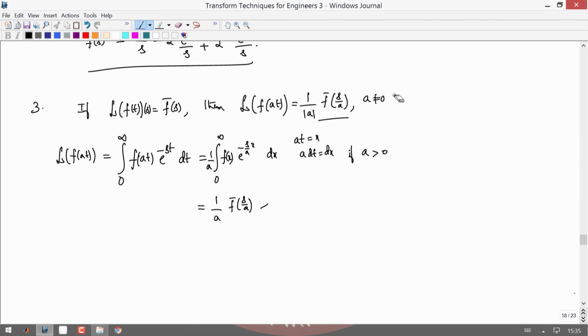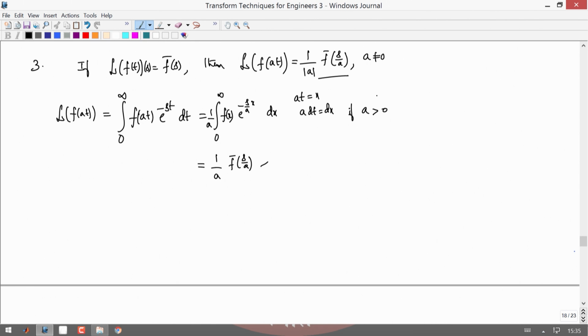The negative case we have to see similarly. If a is negative, then in this integral I write a t as x, a dt as dx.